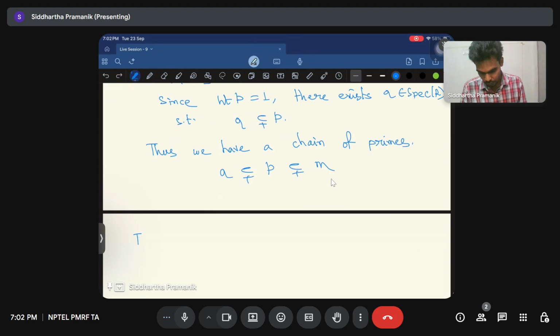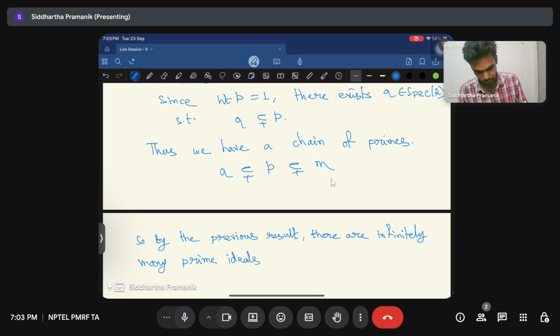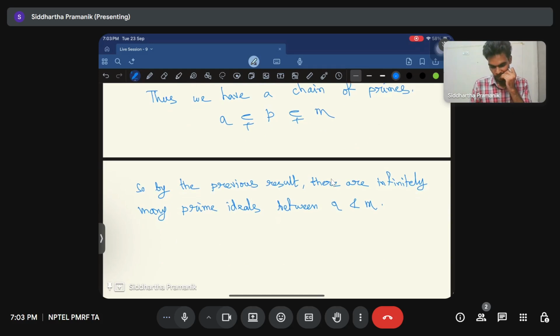So thus, by the previous result, there are infinitely many prime ideals between Q and M. Right?